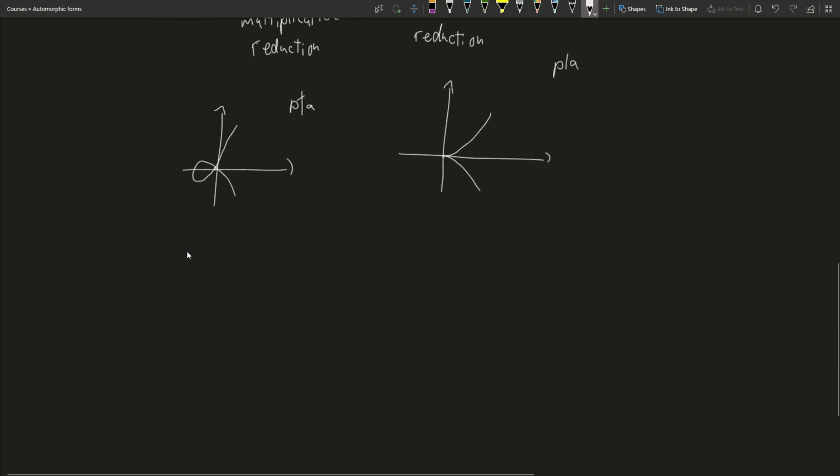And in this case, it follows that a_p is 0. And in this case, you have a_p is 1 or a_p is minus 1.